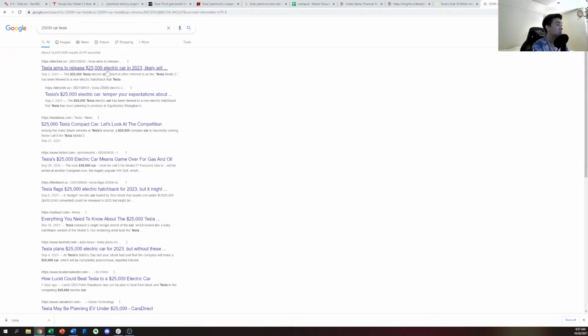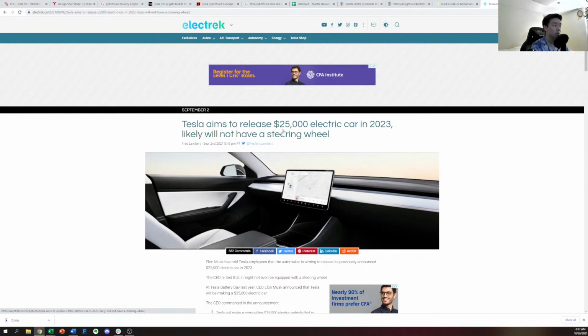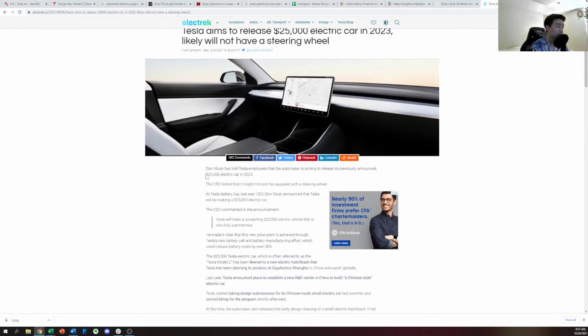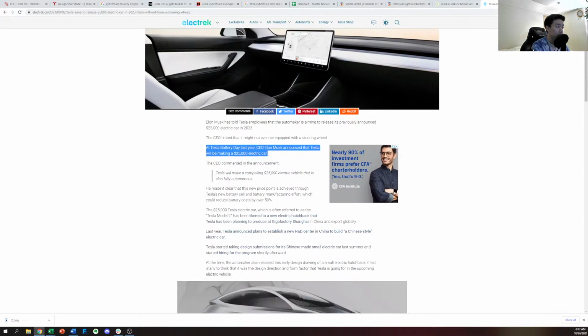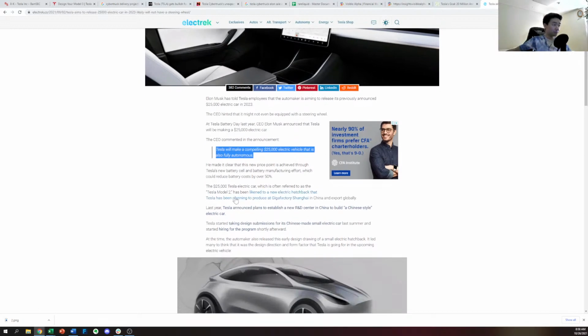Tesla aims to release a $25,000 electric car in 2023. Let's see if that means it will be released. Oh, it won't have a steering wheel. That's pretty cool. And does that mean they're going to deliver in 2023? Or are they just going to showcase it? He made it clear that the new price point will be achieved with a new battery cell.